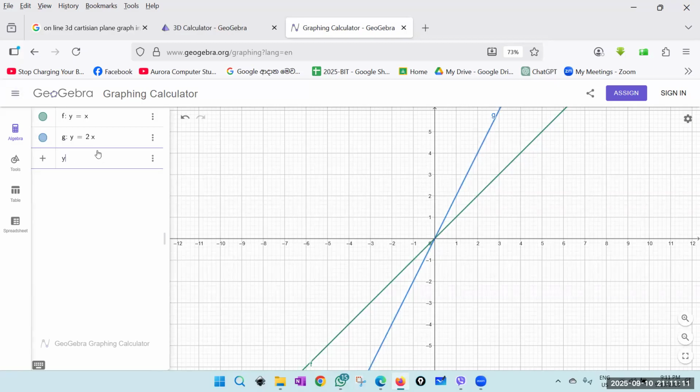Say this is y equal minus x, which is perpendicular to the y equal x line. Then y equal minus x plus 5 is parallel to y equal minus x, but its intersection is 5. So therefore it will go like this.